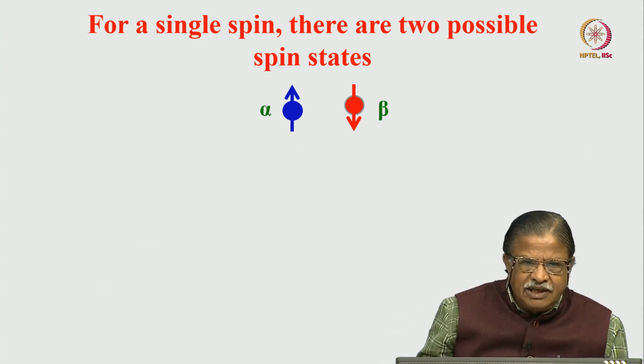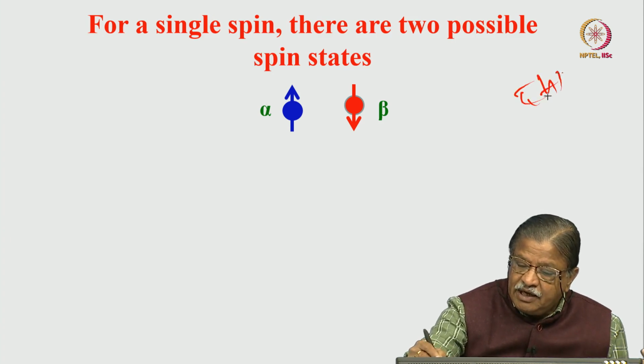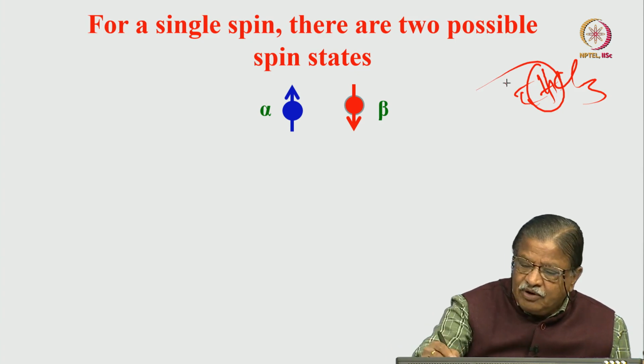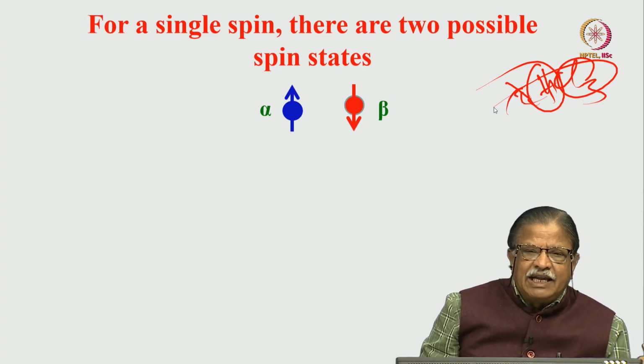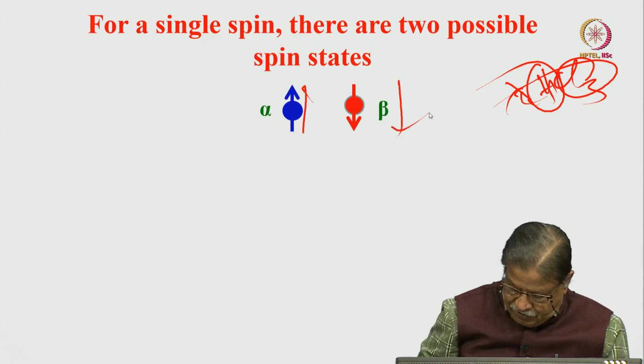I told you, if I have only one proton, as in CHCl3, the example I took earlier, an isolated proton, do not worry about coupling with other things, it has only 2 spin states, because this proton can have an alpha state, spin up, or a beta state, spin down.